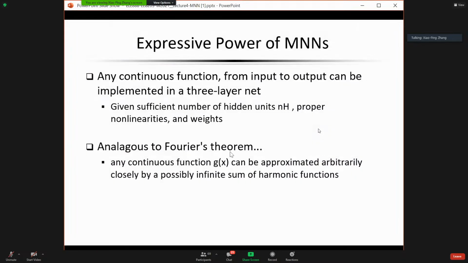So it's not surprising that in the 90s we said, let's not make things complex. If we use a neural network, let's just use one hidden layer, or at most 2 hidden layers, because that's enough. In a sense, it's the same. If you have multiple hidden layers, it's equivalent to having one hidden layer.